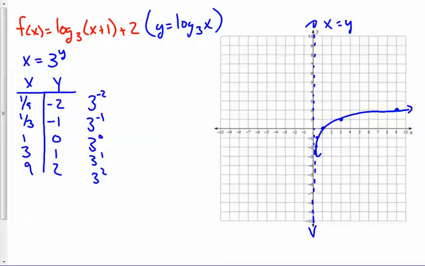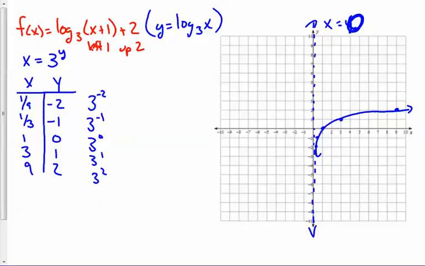So x equals 0, whereas the exponential was y equals 0, but logarithms are inverses, x and y switch, so it becomes x equals 0. And we can look at the same type of transformations that we did before, right? This logarithm has been transformed because it went left 1, up 2.